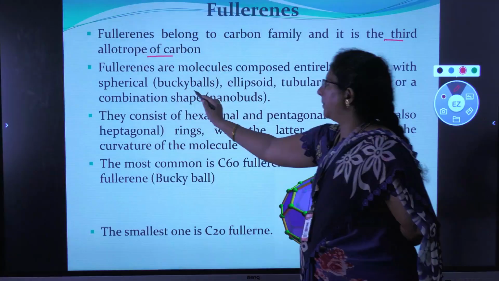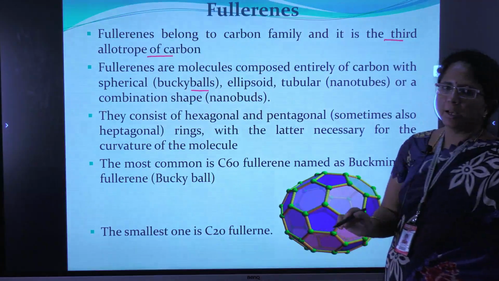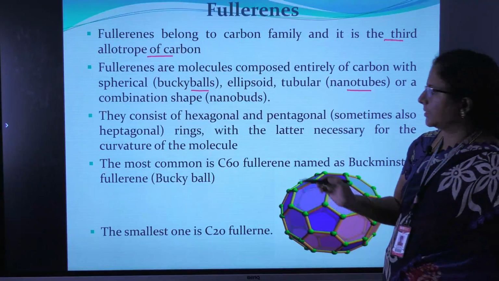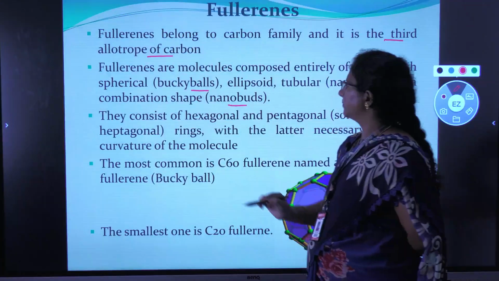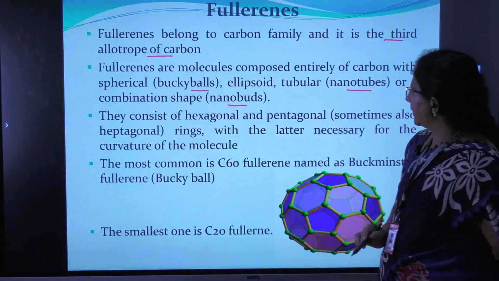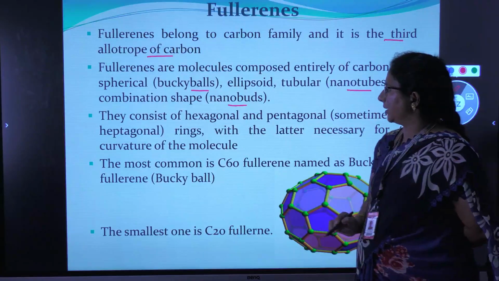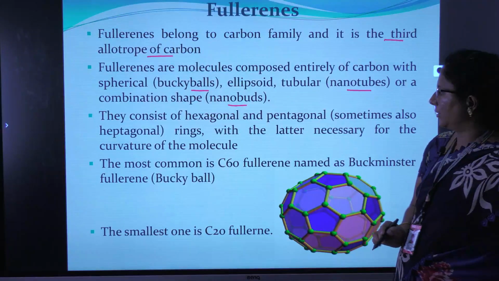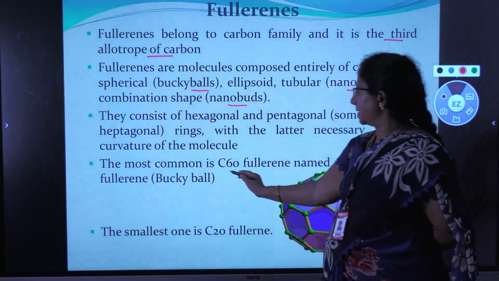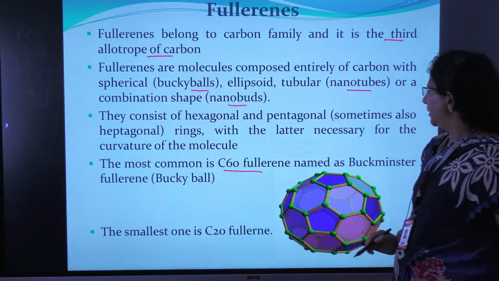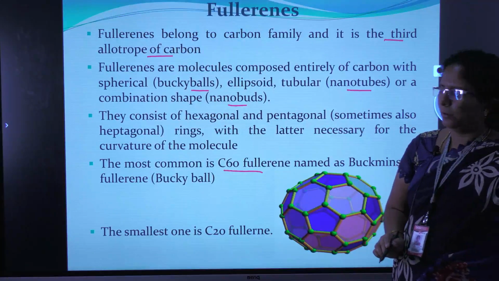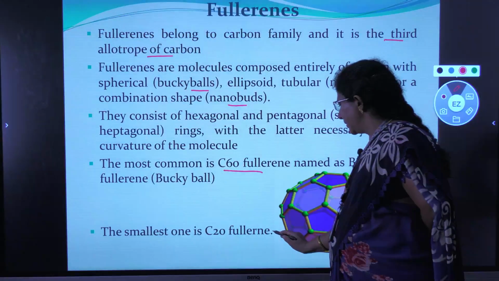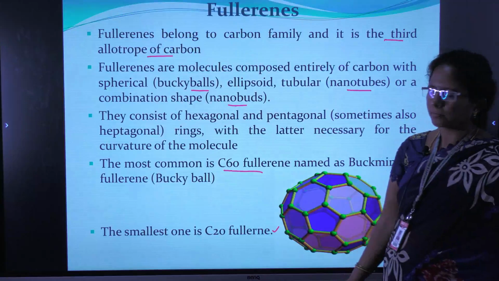Spherical means buckyballs, tubular means in the form of nanotubes, and a combinational shape means like nanobuds. They consist of hexagonal and pentagonal rings, with the latter necessary for the curvature of the molecule. The most common is C60 fullerene, named as buckyball or Buckminster fullerene, and the smallest one is C20 fullerene.